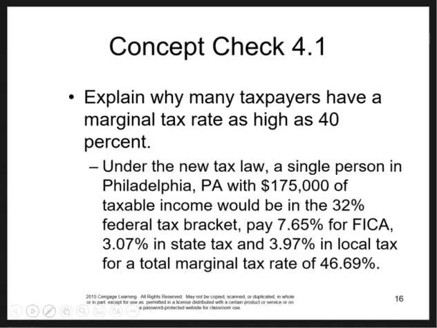Under the new tax law, a person in Philadelphia, Pennsylvania with $175,000 of taxable income would be in the 32% federal tax bracket, pay 7.65% for FICA, 3.07% for state tax and 3.97% for local tax. That's a total marginal tax rate of 46.69%.